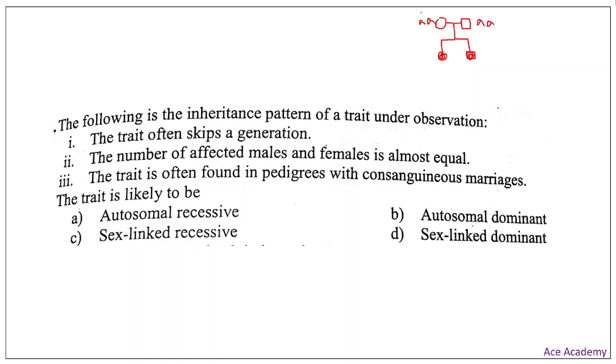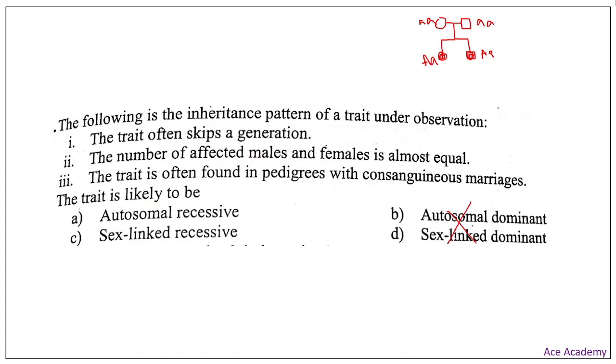If the parents are homozygous recessive, then how can they pass it on to their children? For the children to express the diseased phenotype, they have to be at least heterozygous. But where is this dominant allele coming from? Therefore, we say that the trait, if autosomal dominant or sex-linked dominant, can never skip generations. Therefore, we cut these two options right away because, as we can see, the trait is often skipping a generation.